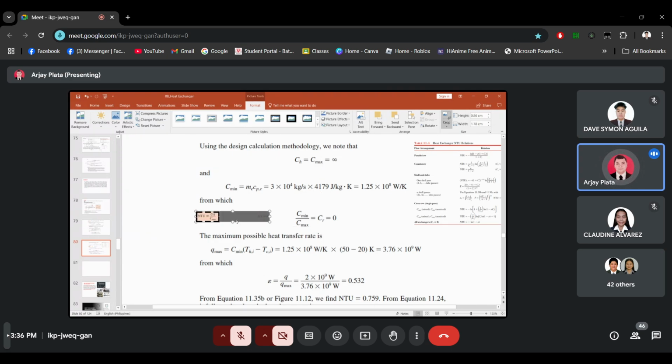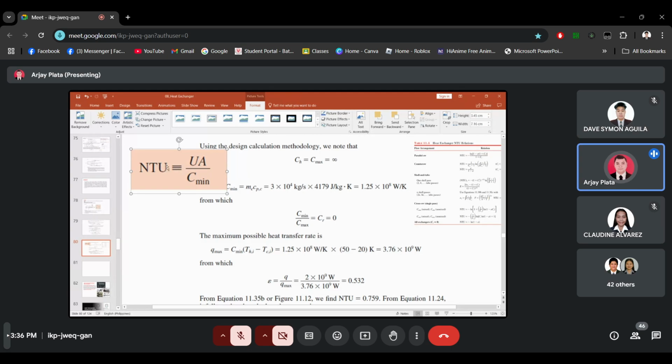If you recall, this is our formula for the NTU: UA over Cmin. A is pi d L. So L equals Cmin times NTU over U times pi d. That's the formula for the length of the tube.